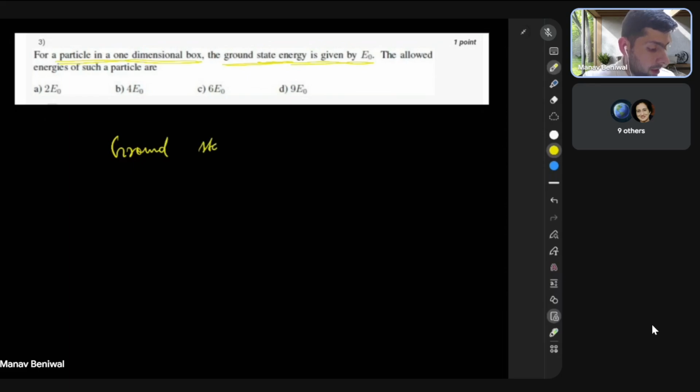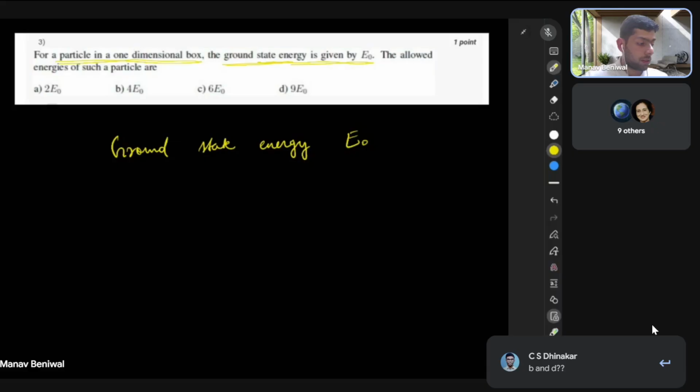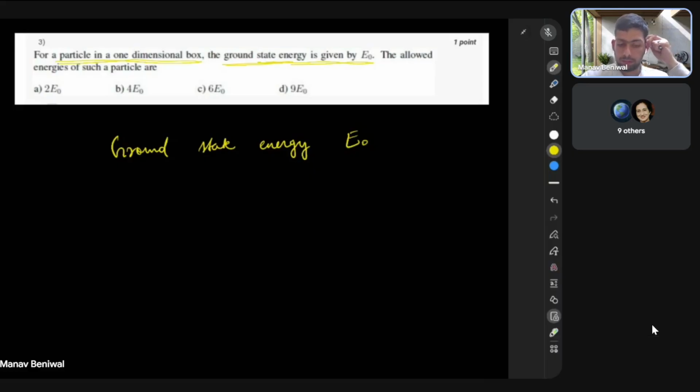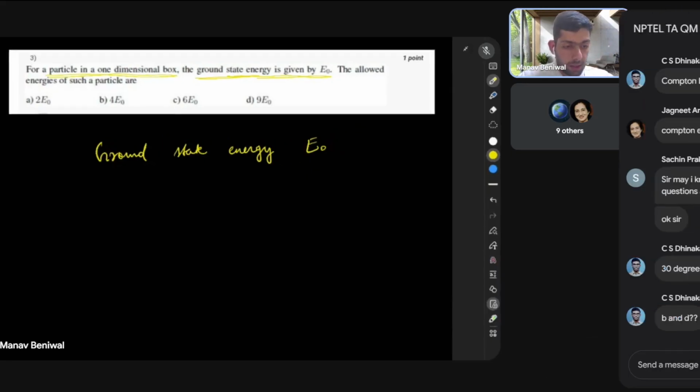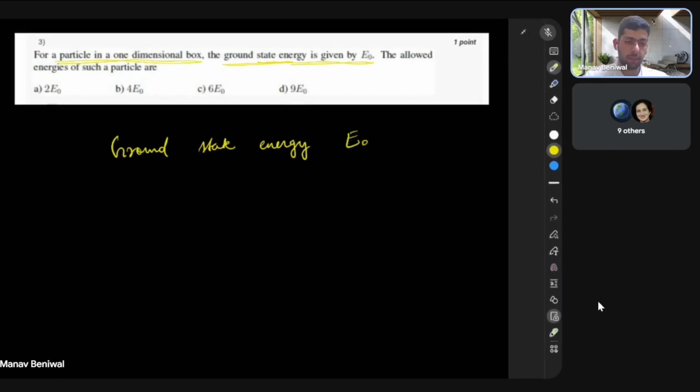Then out of these 4 energies, 2 E naught, 4 E naught, 6 E naught, and 9 E naught, we are asked which are the allowed energies of such a particle. B and D. Yeah, B and D.